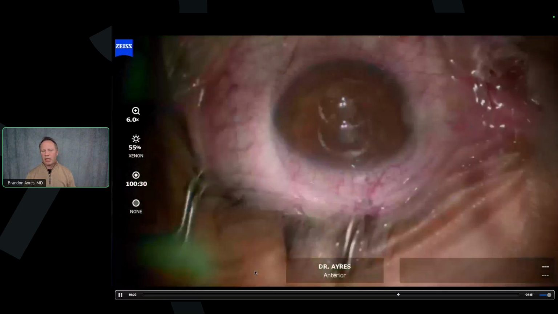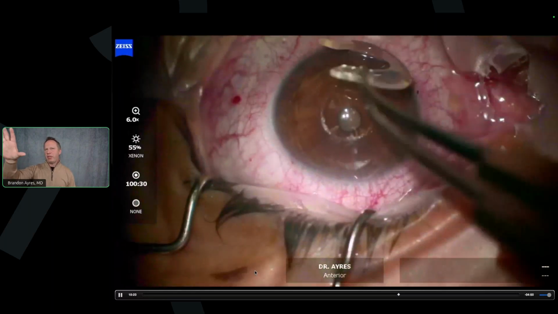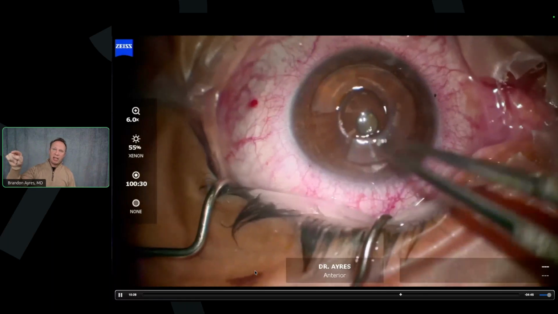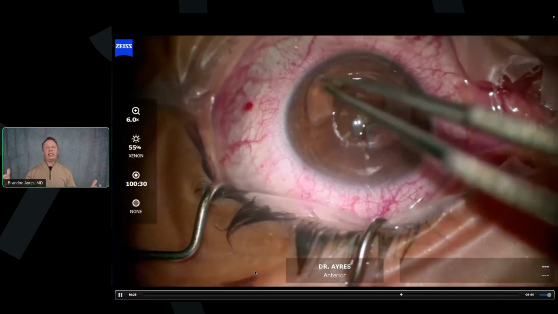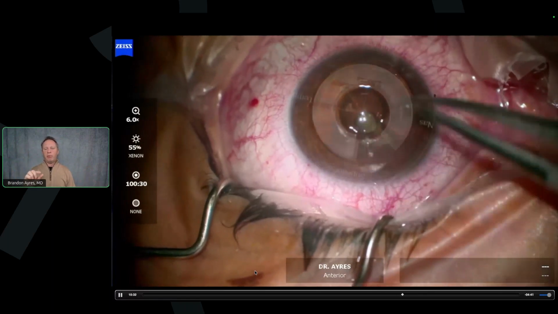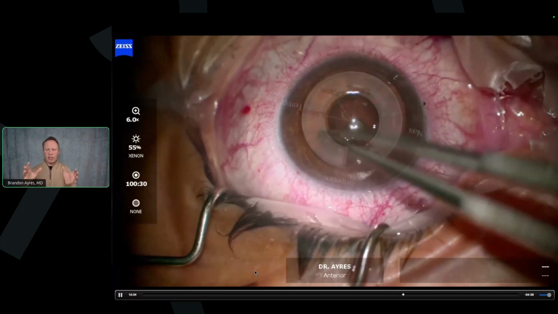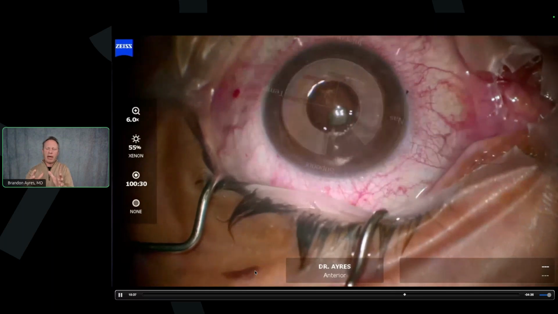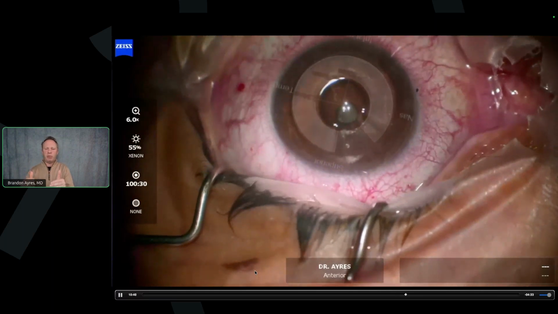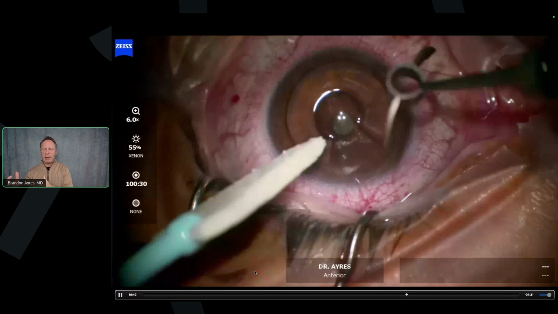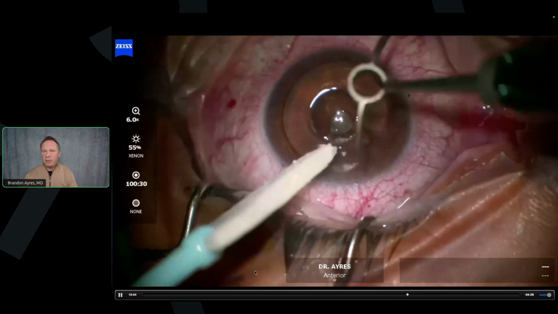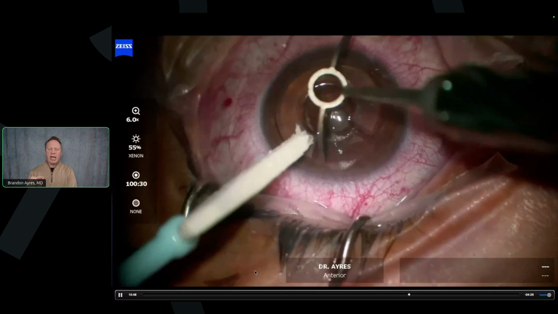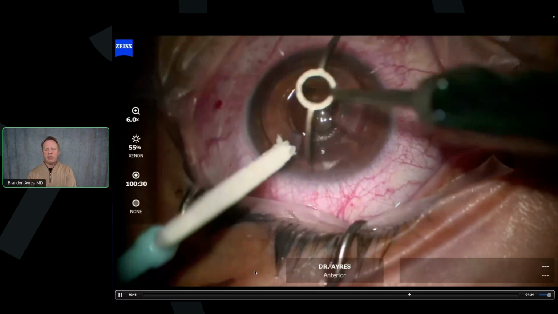And now what I like to do is I actually have the CTAK map, I call it, hanging in the OR where I can see it. So I know where my incision is, because they tell you what axis to put the segment at. I can map out where the CTAK segment should be, and I've got a little overlay showing what the map looked like. And I use a toric marker to mark the approximate beginning and end of the CTAK segment.